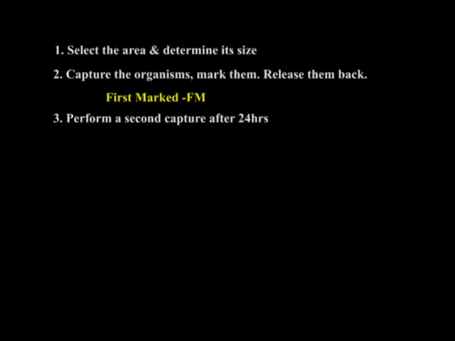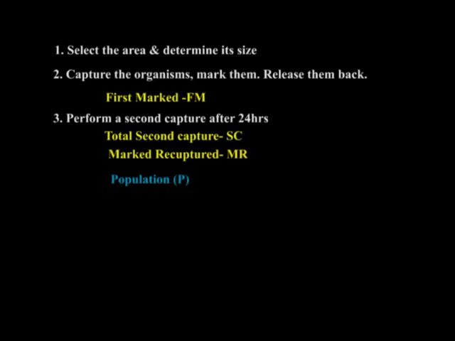Record the number of organisms collected, second capture SC, and the number of those that had been marked previously, MR. If P is representative of the total population, then P is equal to FM times SC over MR, where FM is the first number marked, SC is the second capture, MR is the marked recaptured, and P is the total population.